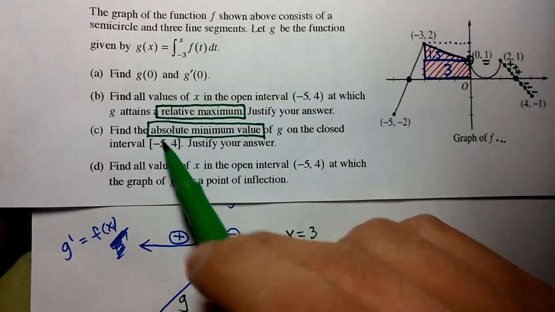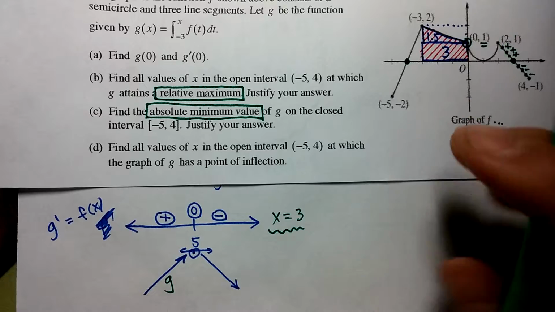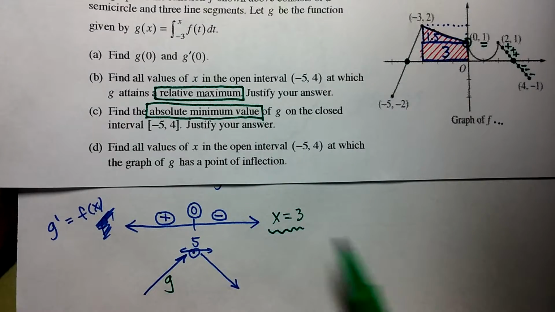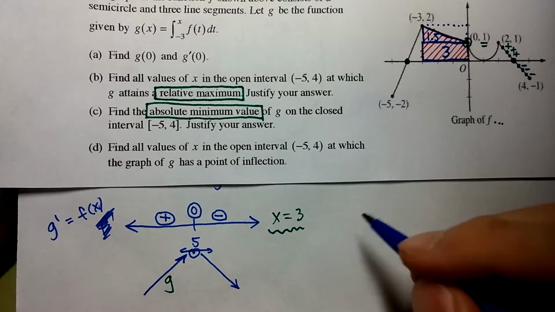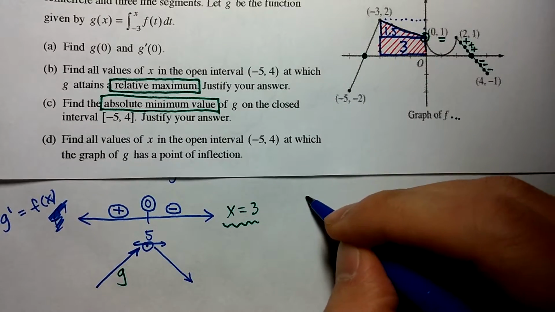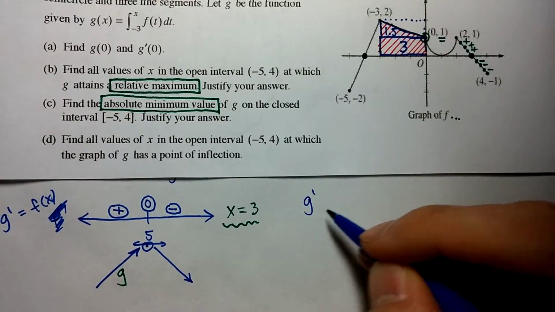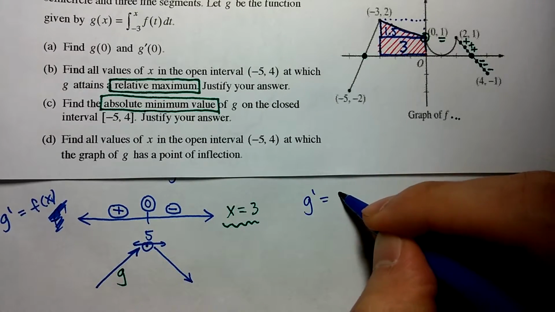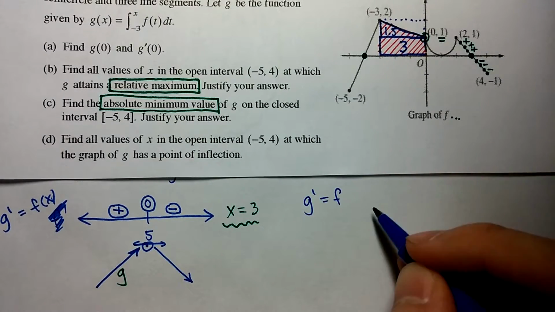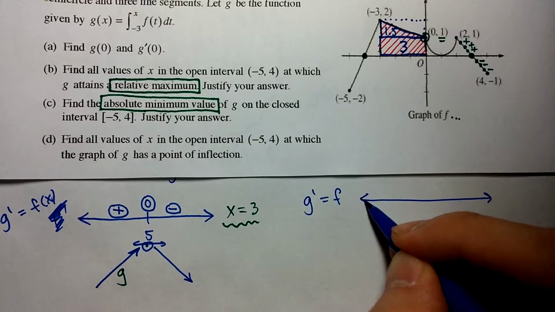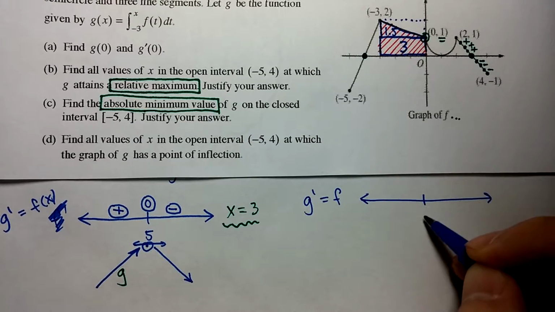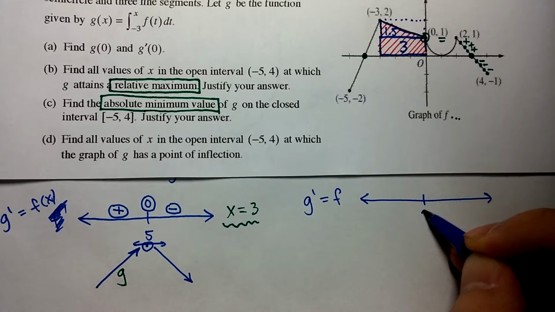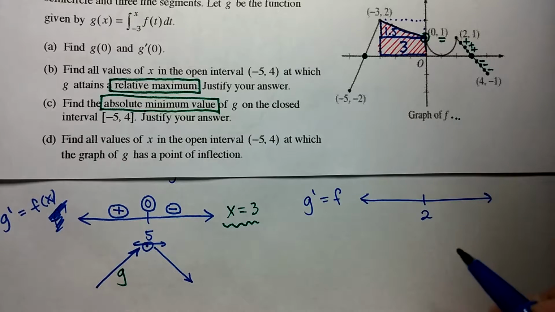Okay? But in any case, if I want to know the minimum value, it's pretty much the same idea as part B. We're still looking at the first derivative. We're still looking at the derivative of g, which again is equal to the graph of f. And this is what I'd like to see on the graph. Let's say this happens at 2.